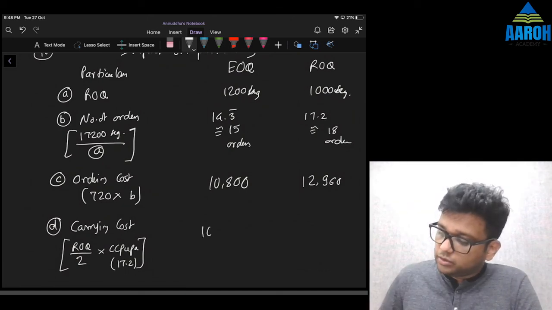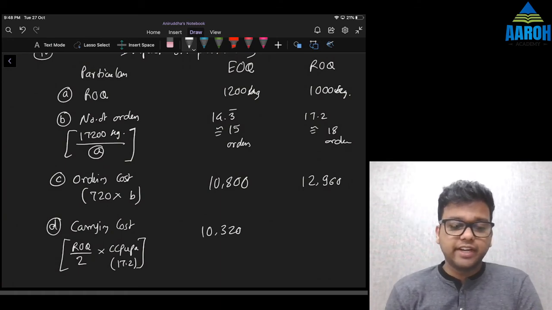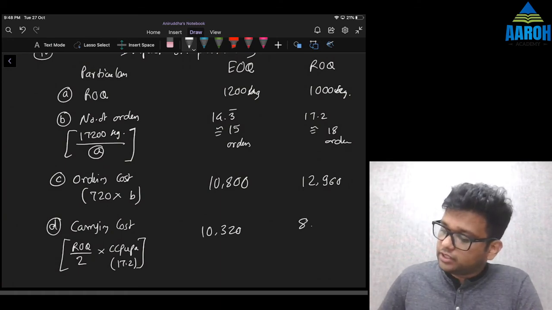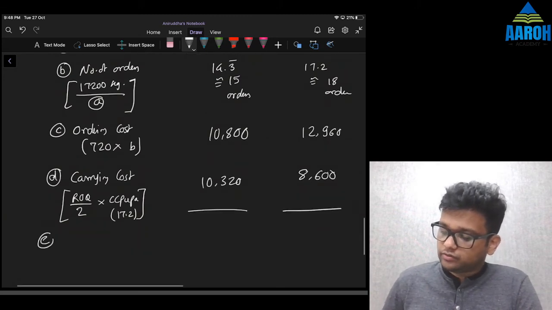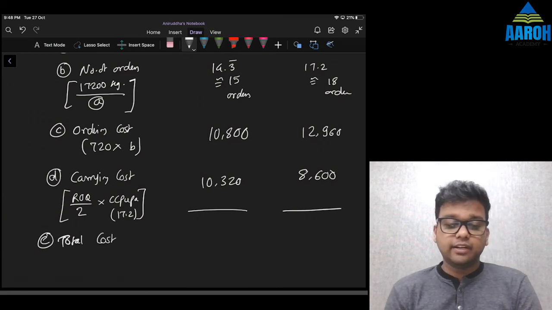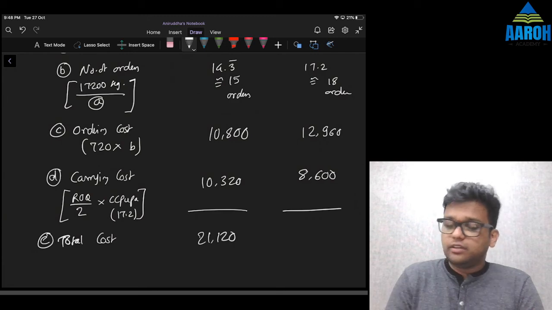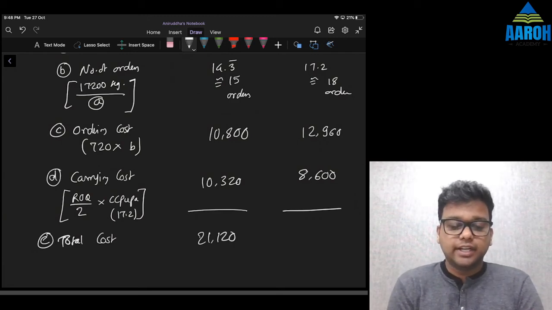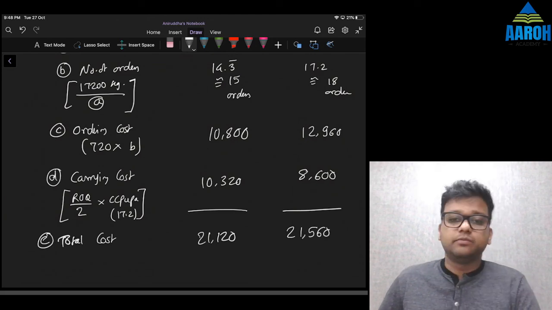That gives us 10,320, and 1000 by 2 into 17.2, that gives us 8,600. Let's calculate total cost. 10,800 plus 10,320 is 21,120, and 12,960 plus 8,600 is 21,560.